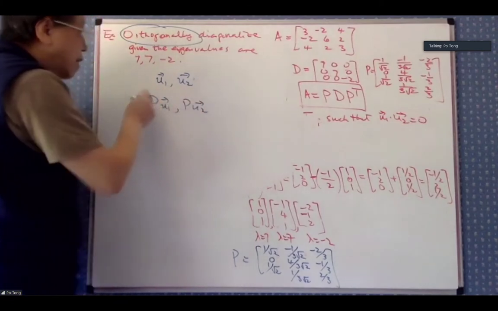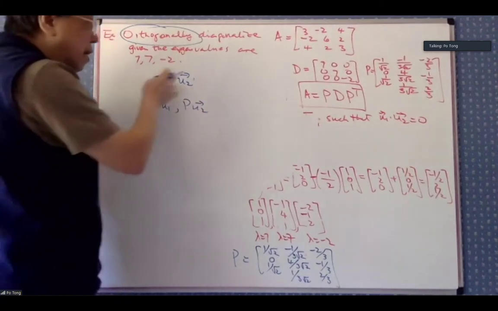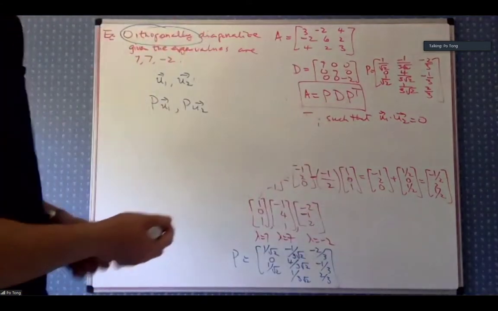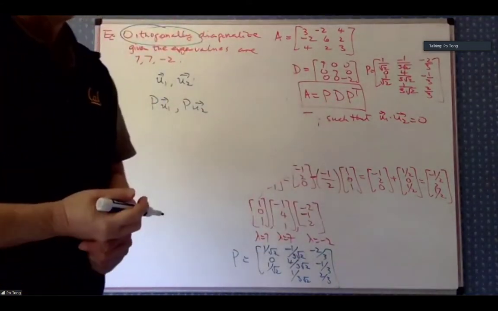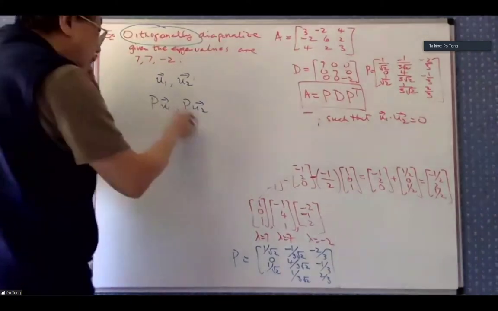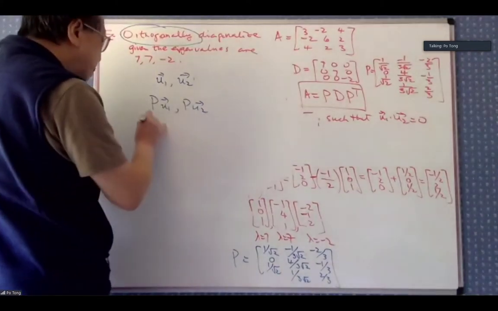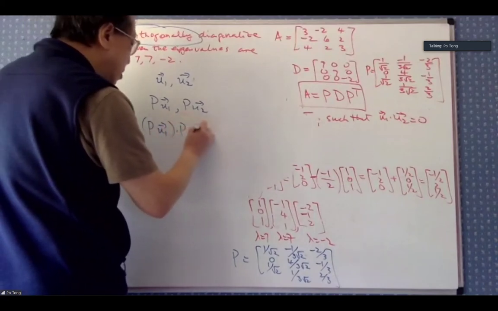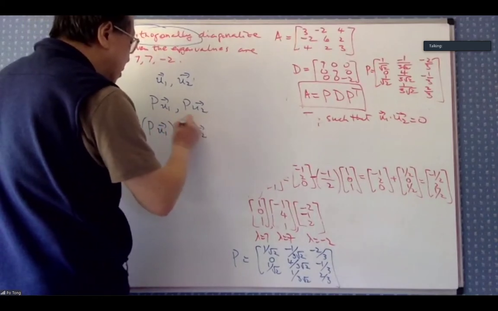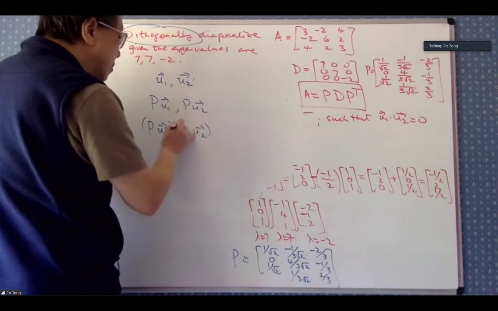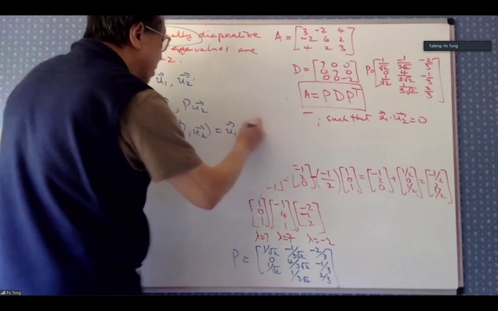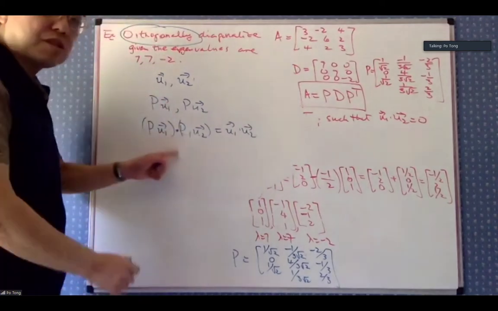When you multiply by a matrix, it's basically transforming, doing something to it, or moving to a new coordinate system. Now what I want to show you is that PU1 dot PU2, this dot product, is going to be the same as U1 dot U2. I'm going to try to show you that.